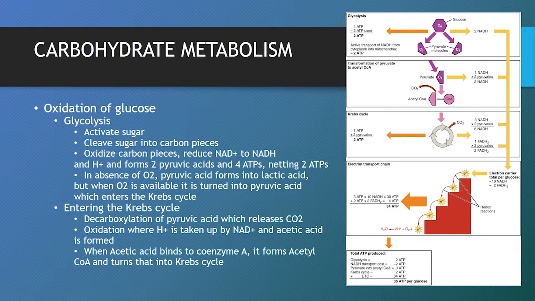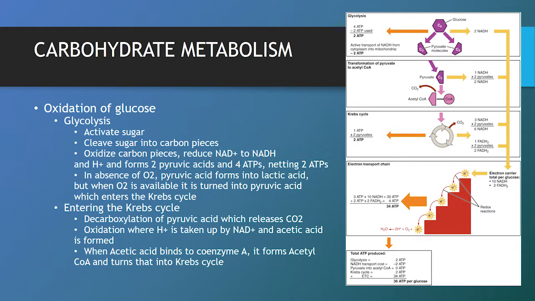Entering the Krebs cycle next, decarboxylation of pyruvic acid occurs, which in turn releases carbon dioxide. The oxidation is when the hydrogen ion is taken up by the NAD positive, and then acetic acid is formed.